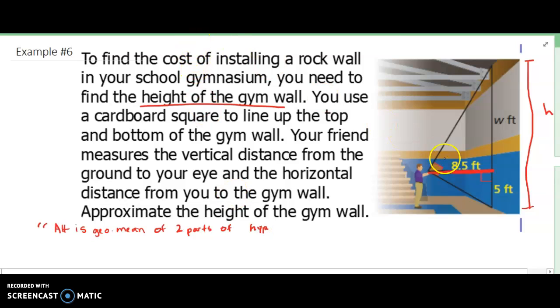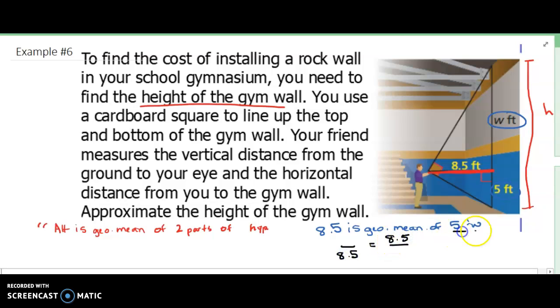Well, this time it gives us the altitude is 8.5. So 8.5 is the geometric mean of the two parts of the hypotenuse, which are 5 and W. Well, I can set this up. Proportion equals another proportion, and 8.5 is the geometric mean, which goes here and here.